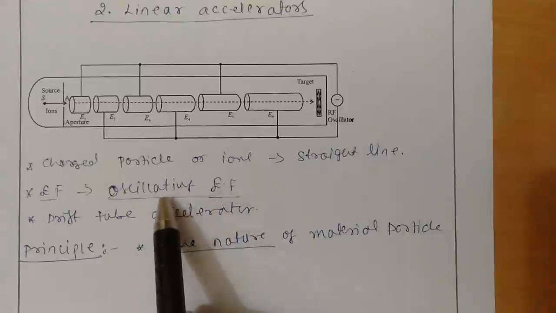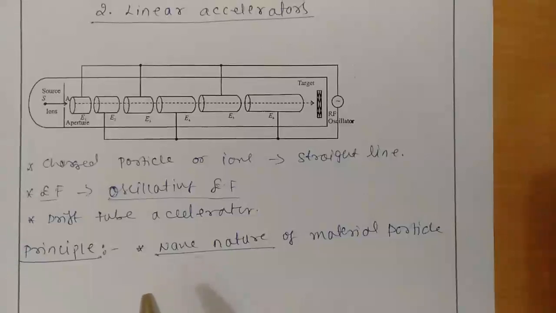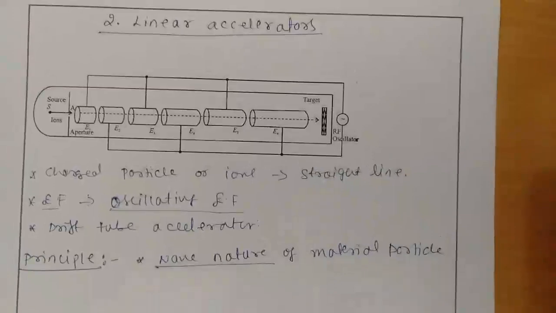If the frequency of the oscillating electric field and the wave motion of the particles are equal, and the phase velocity of the electromagnetic wave is equal to the velocity of the charged particle being accelerated, then the charged particle will definitely get accelerated to a very high velocity.